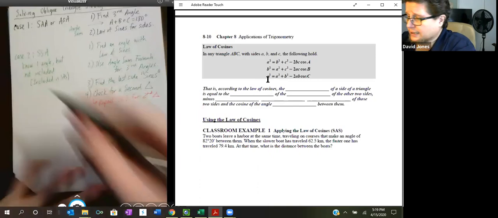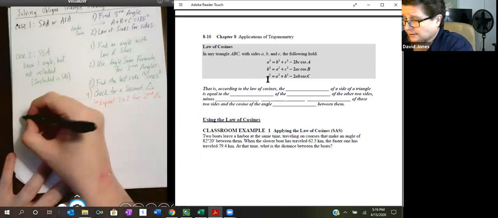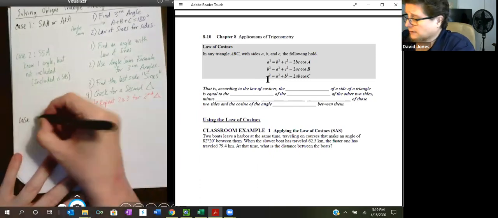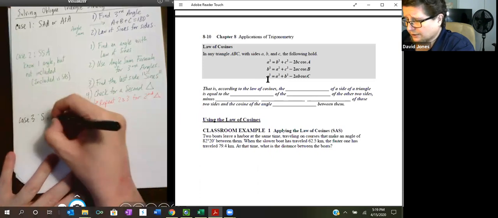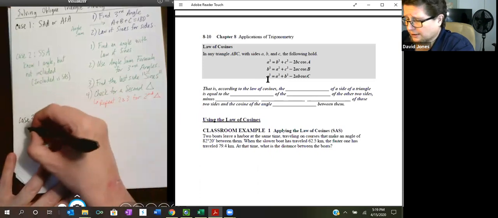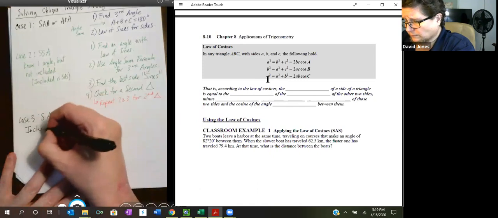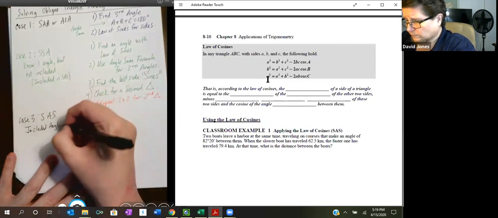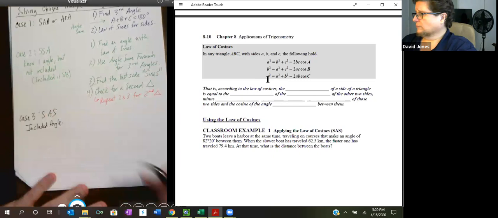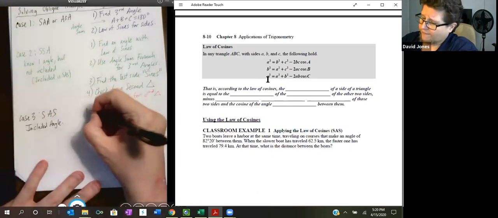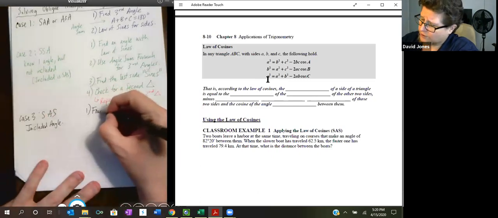Then we had case 3, which was the side angle side, where the angle is the included angle. Here we found the third side with law of cosines.